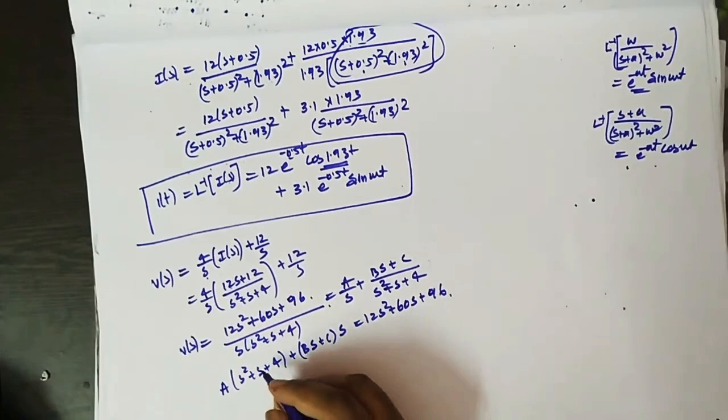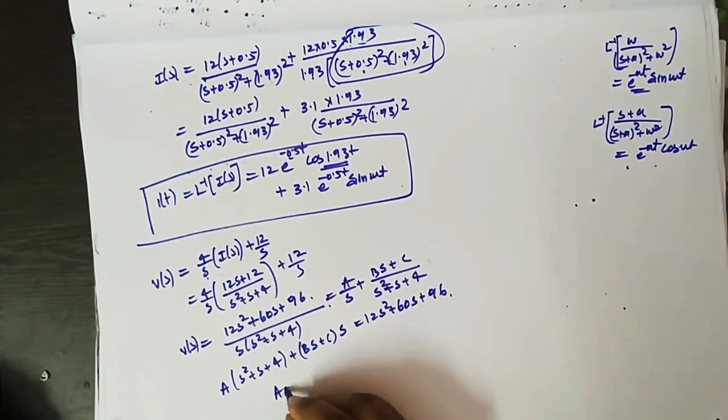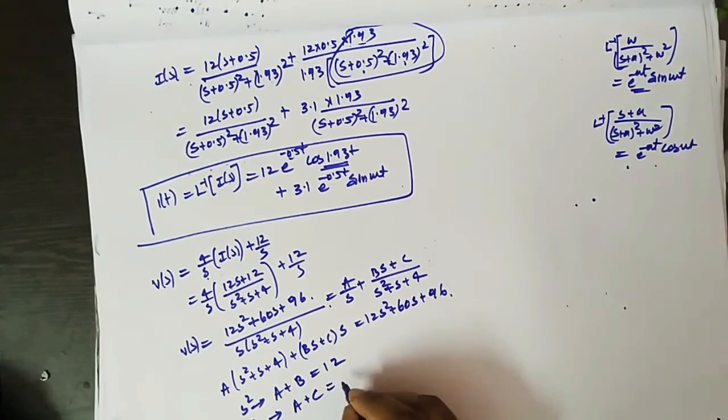Comparing the coefficients, you will be getting A plus B equal to 12 from the coefficient of s square, from the coefficient of s you will be getting A plus C equal to what here? 60, and comparing the constant, having 4A equal to 96.